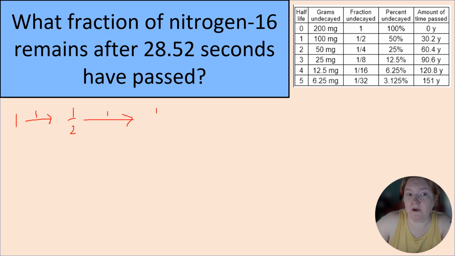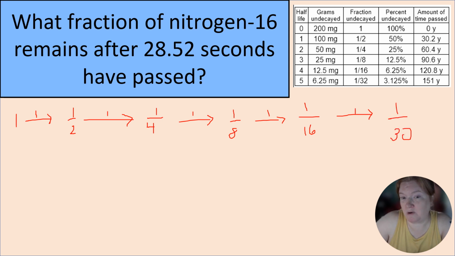After another half-life, I have a quarter left. After another, an eighth left. Since it's asking me to find fractions, this is useful. After another half-life, I'd have a 16th, and after another, a 32nd. Rarely do you ever have to go past that, so that's why I stopped there.